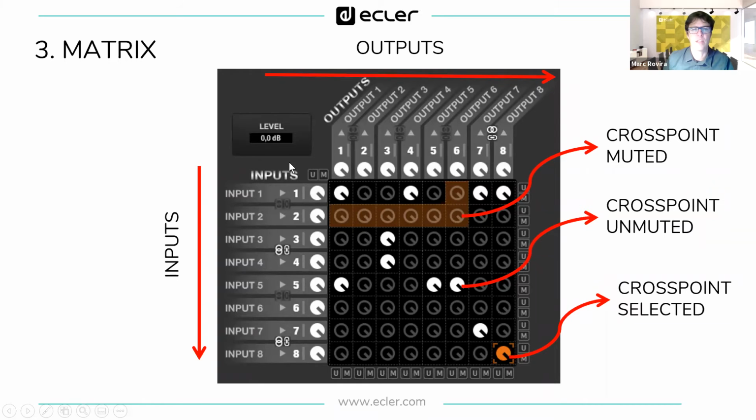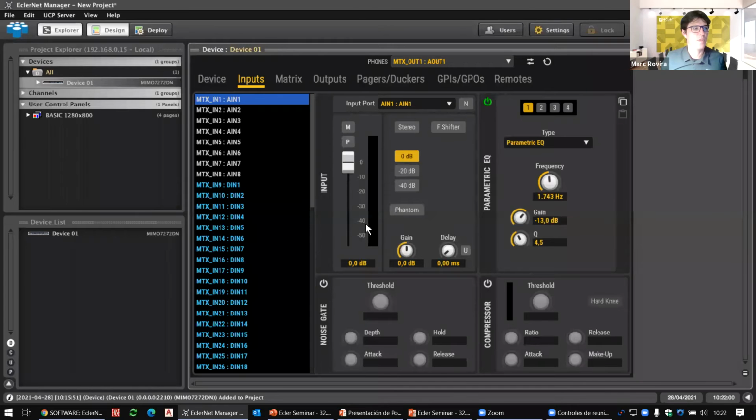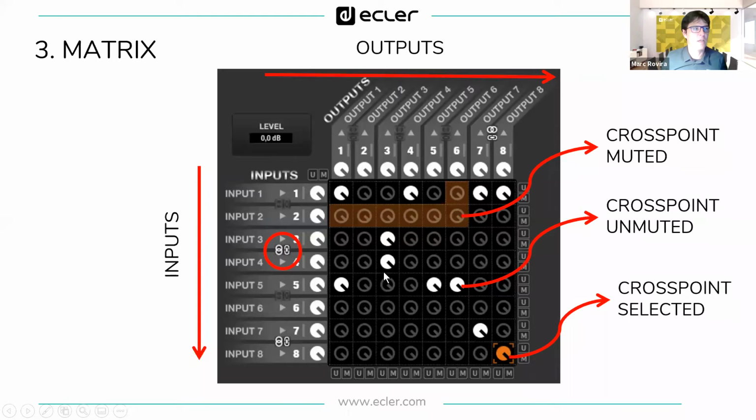That basically means that this level that shows here relates to this crosspoint that is selected. And what's this? This is the stereo and mono selection. Let me show you this in the software directly, so it will be easier.